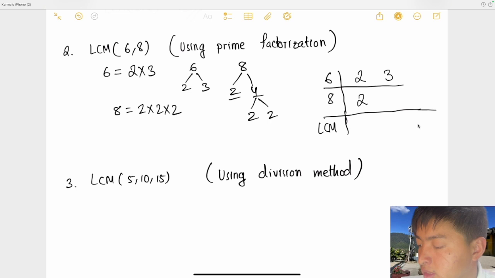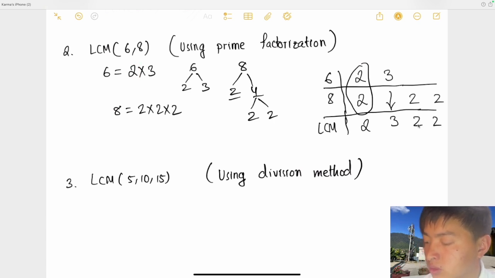And next, we don't have any 3's as the factor of 8, so we leave it blank, then write another 2 and a 2. So notice only one of the factor is common in both the numbers, so we just count it as 1 and write it below. Then 3 will come down, and 2, 2.